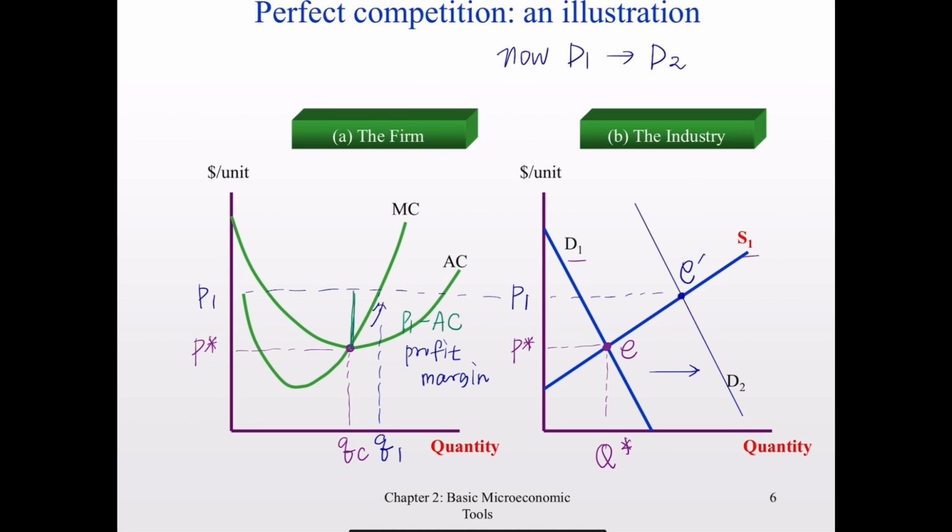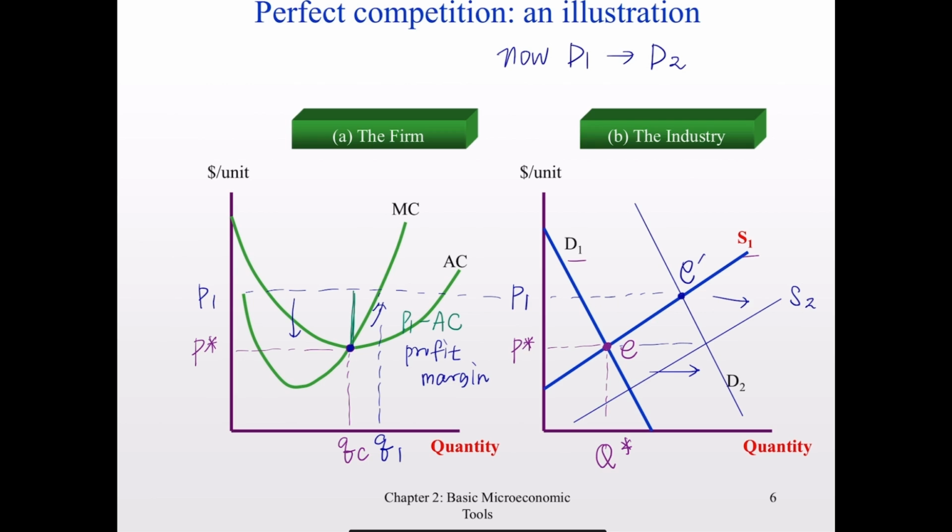As new firms enter, the market supply curve shifts to the right, here S2. This process continues until profit returns to the normal level. It means that the price goes down and we return to this point again in the long run.